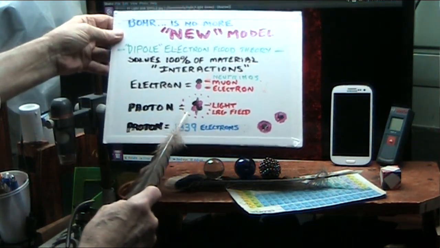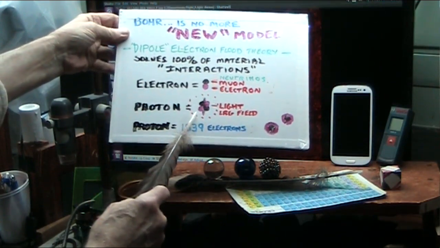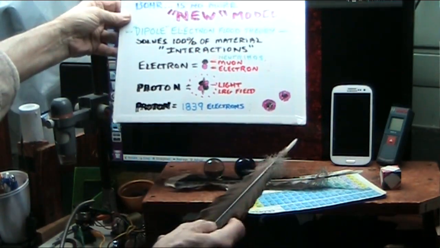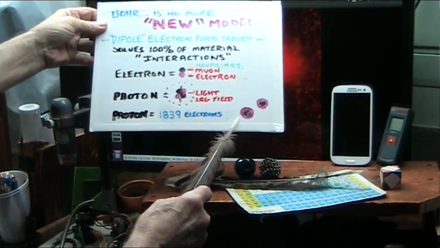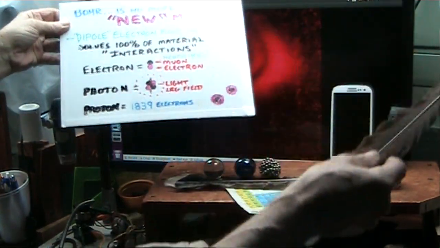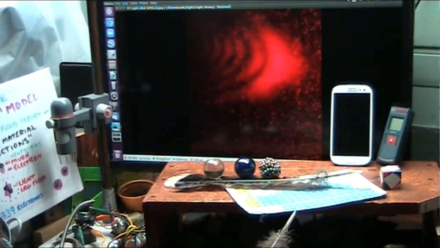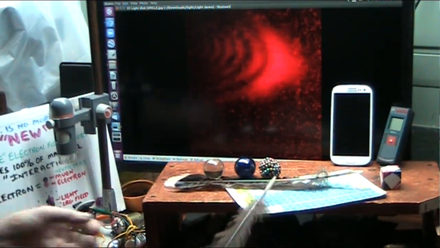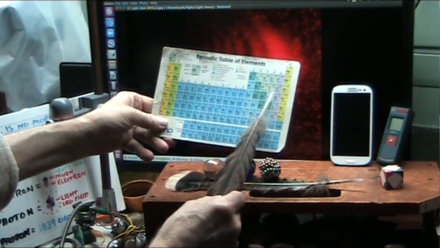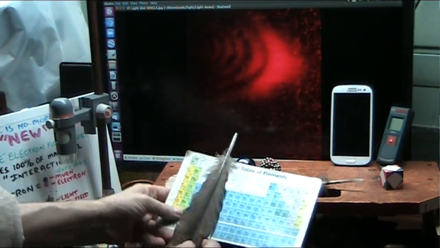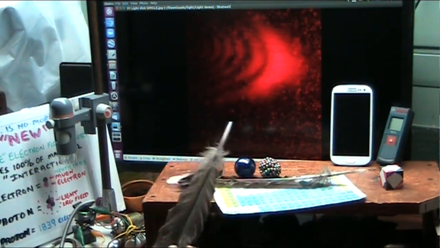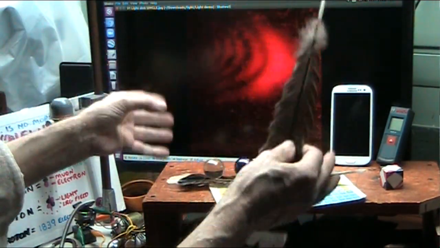And just as they come two together, make photons, and then they get bigger and bigger from there. 1839 make what we would call protons, and a bunch of them are bigger and bigger and bigger. It makes snowballs, and they become stable at these different sizes, and these are atomic weights. And atomic weight is 1839 electrons make one atomic mass unit.